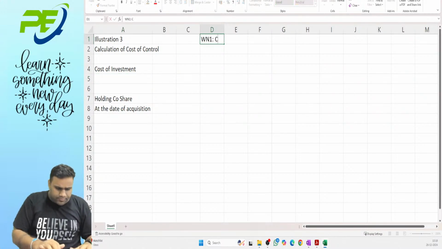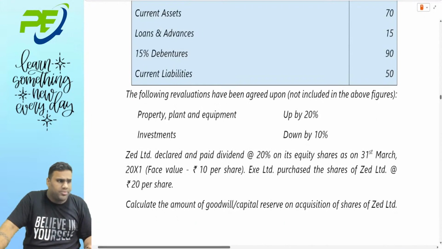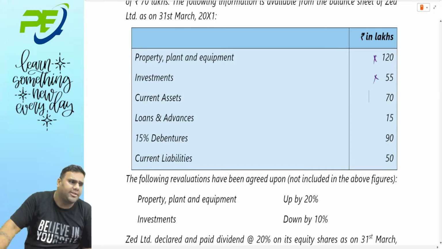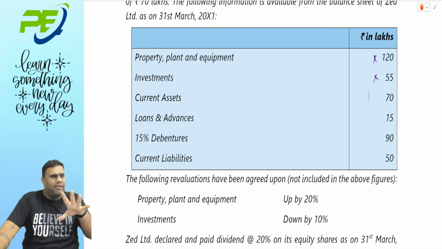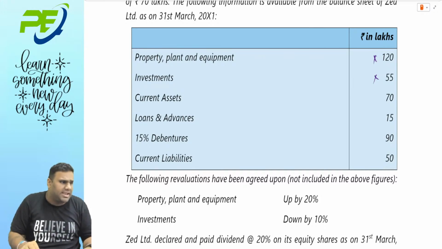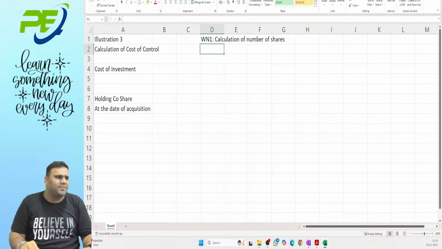So that will be my first working note. Working note 1. Calculation of number of shares. Now nothing is given in the question. How do we find it? We have to prepare a draft balance sheet. Or instead of a direct balance sheet, can I go by the net assets method?